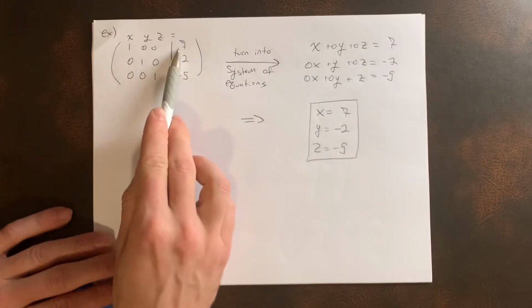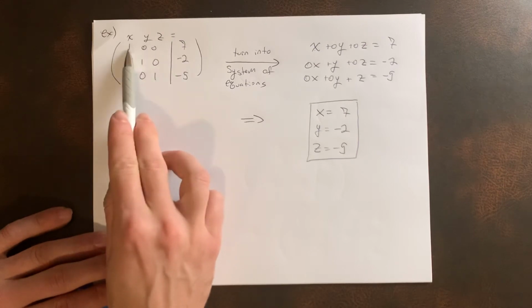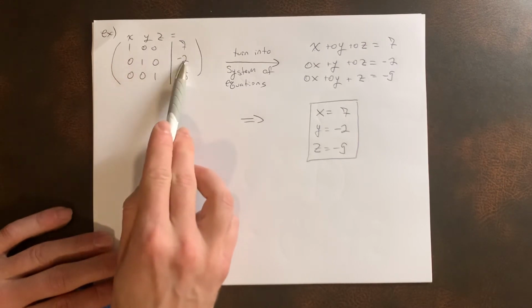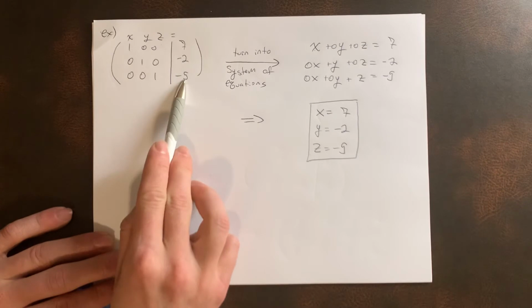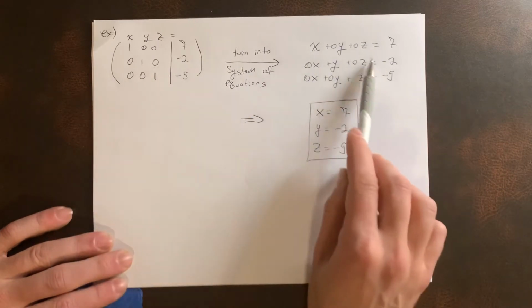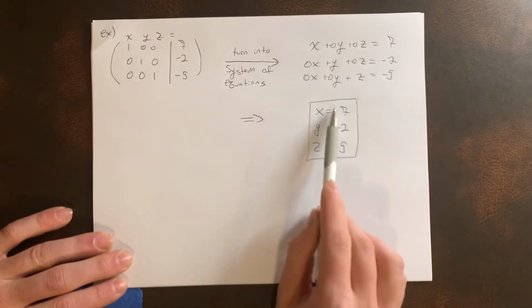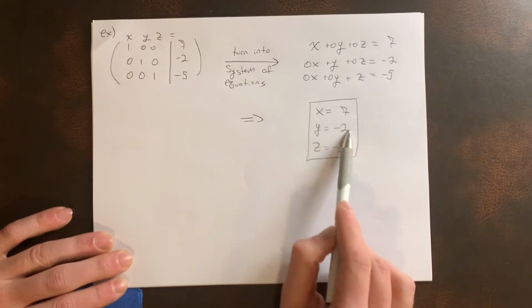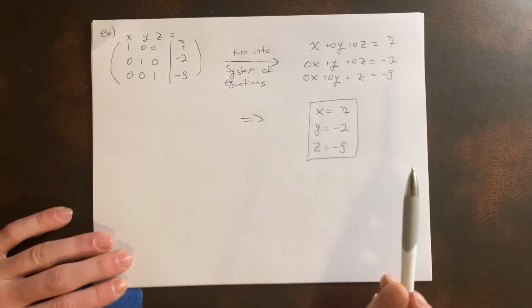Then this is going to give us the answers. It tells us that x is going to be 7, y is going to be -2, and z is going to be -5, which is what we saw when we turned this into the system and then simplified it. We just got our answers: x is 7, y is -2, z is -5.